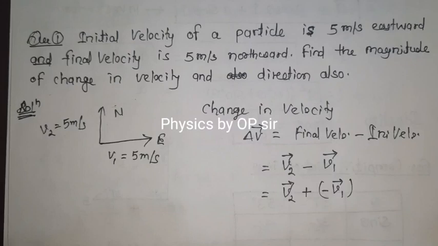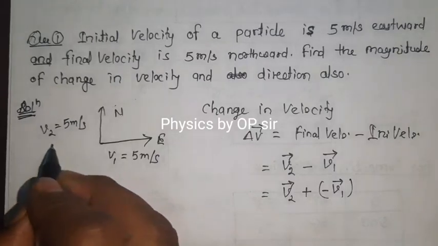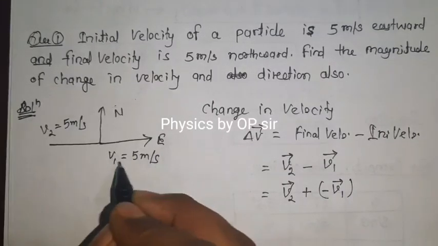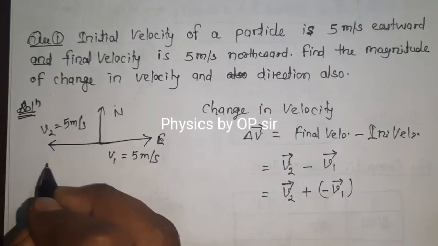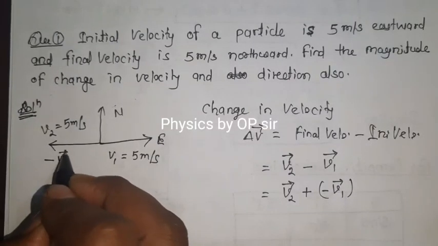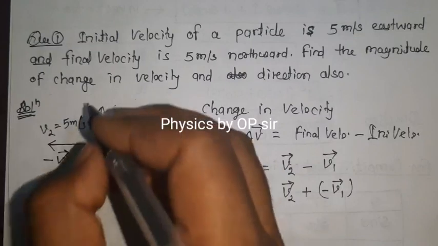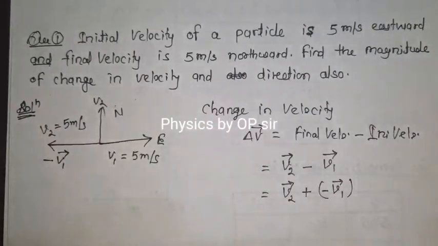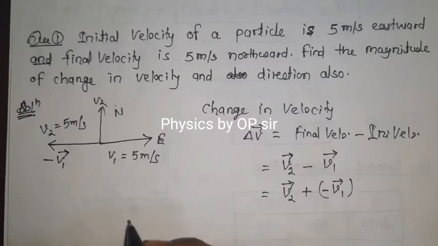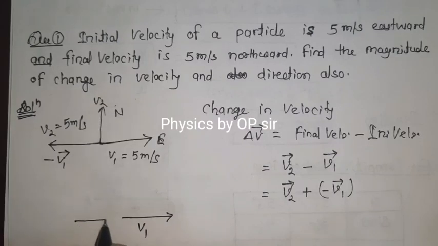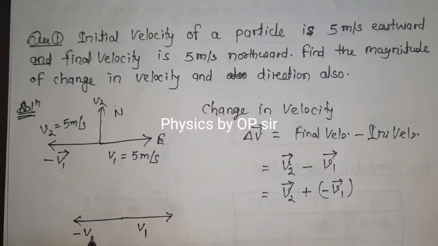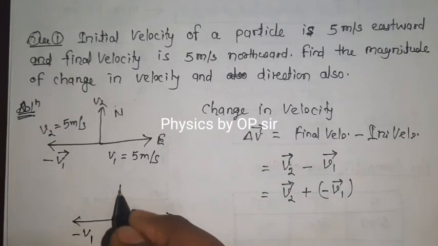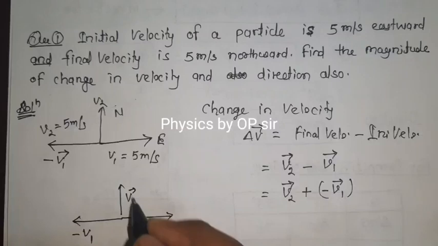We have discussed negative vectors in the previous class. This is v1 positive vector, then this is your minus of v1 vector, and this is v2 vector. Then how can we get the resultant? See here, again I am drawing. This is your v1 vector, then this is your minus of v1, and this is v2 vector.